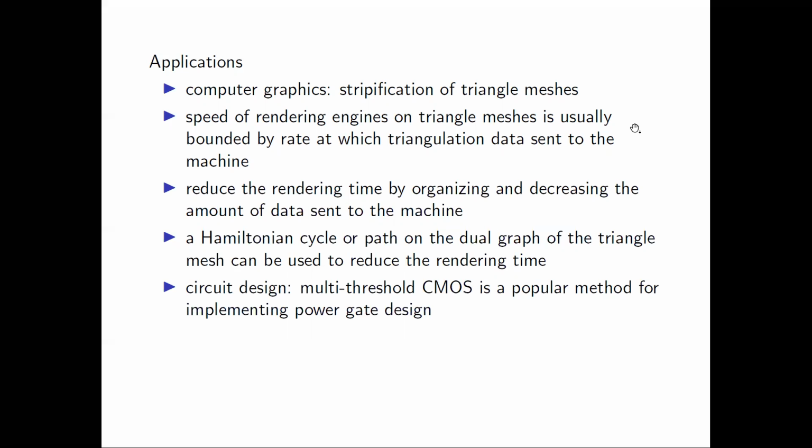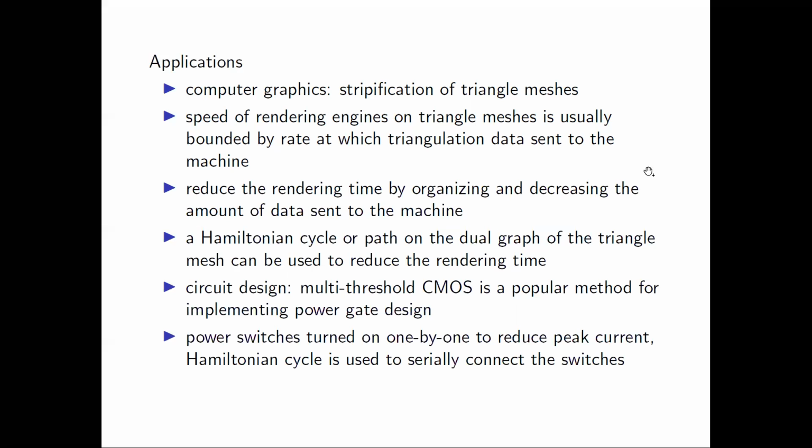Another application of Hamiltonian cycles, this is the same application we saw for Eulerian cycles, and this is for CMOS circuit design. And in this case specifically, this is for multi-threshold CMOS. So again, this is a popular method for implementing power gates. And in this application, the power switches in the circuit are turned on one by one.